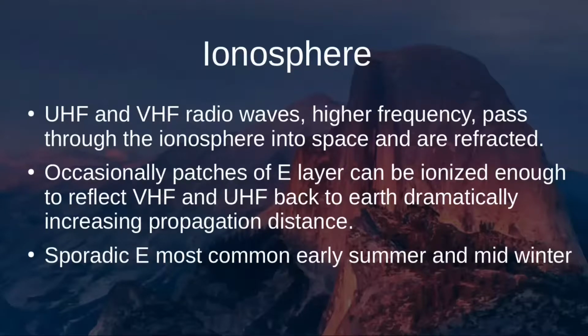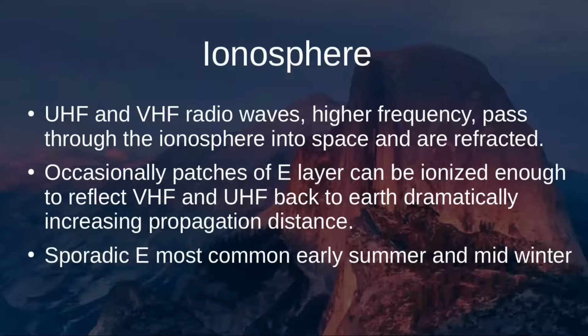But typically these radio waves just go straight out into the atmosphere and pass through the ionosphere into space and don't come back to Earth. So there's really no long distance UHF and VHF propagation as a general statement.